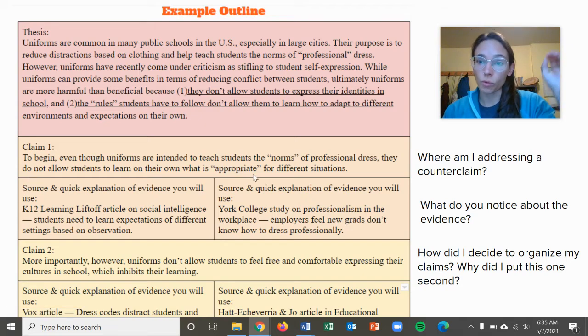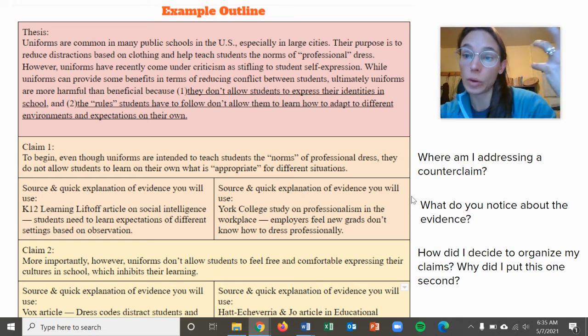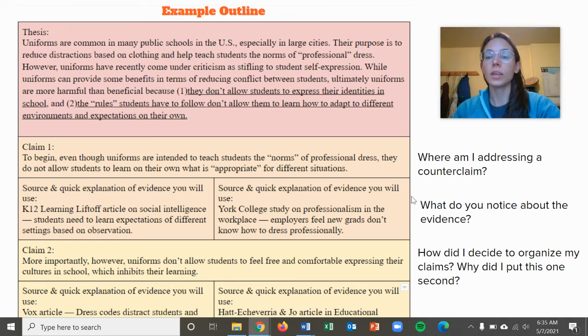So right off the bat, I decided that it would be good to address a counterclaim right away at the beginning of my essay, so that my reader who might disagree with me and be pro-uniform will be kind of disarmed out of that position right away, right? So immediately in my first body paragraph, I'm saying, I know what you're going to say, right? I get it. I get that uniforms are intended to do this. Here's why that's wrong. So right away, I'm addressing a counterclaim.